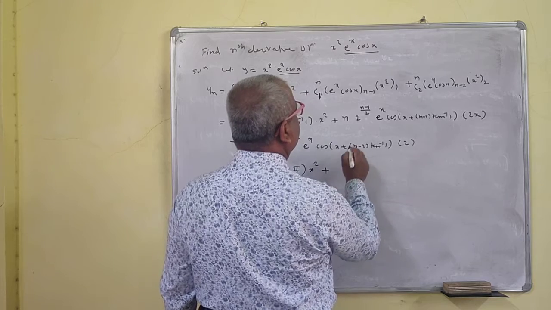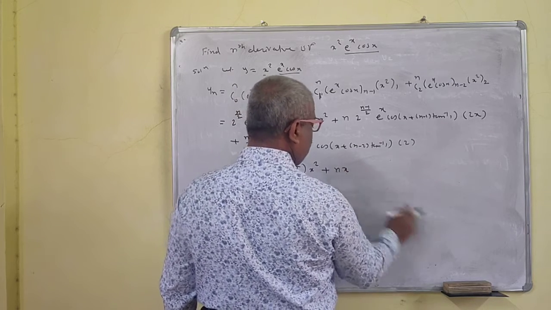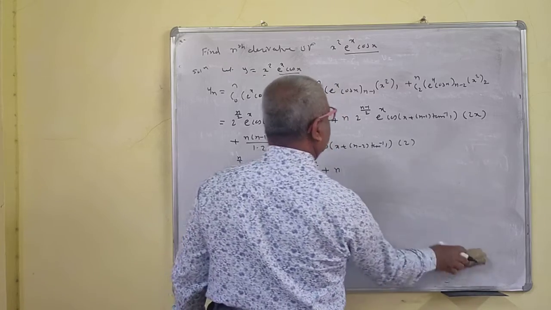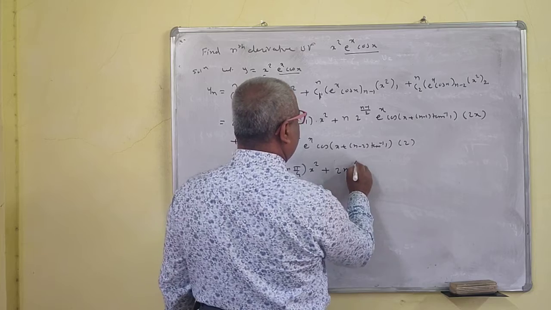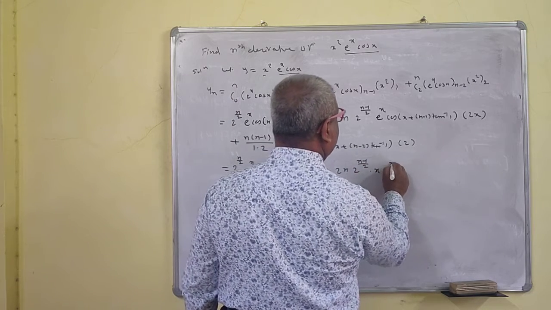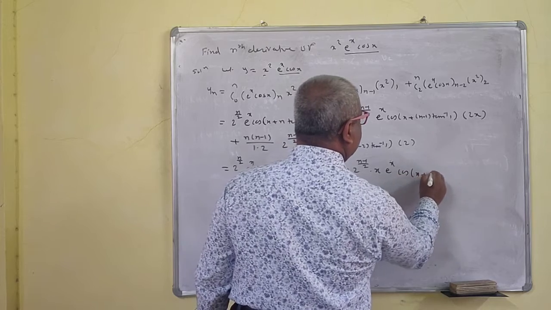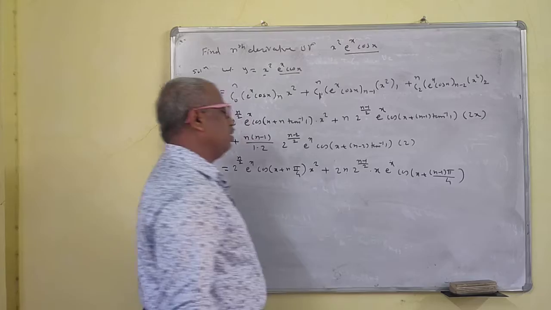I can write twice n here. This is twice n, 2 raised to n minus 1 upon 2 into x e raised to x cos of x plus n minus 1 pi by 4. This I can write like this.